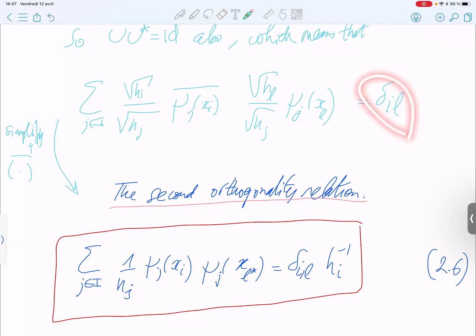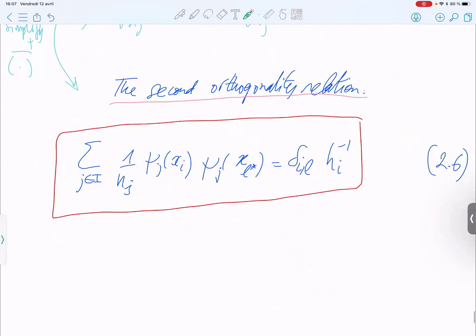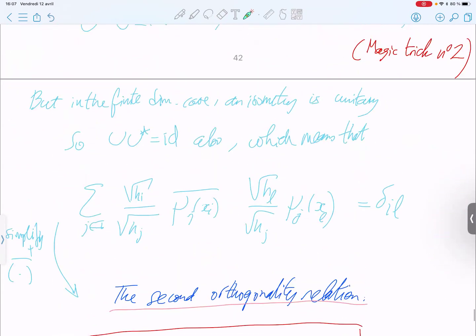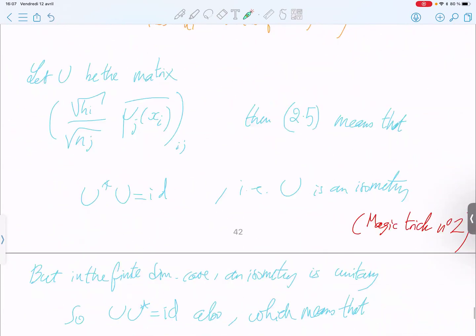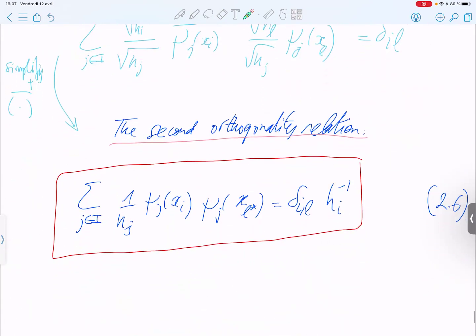So if it is equal to l, then you can group together, and you get that. And that's all. You get this second orthogonality relation by this magic trick. So one magic trick for each orthogonality relation.